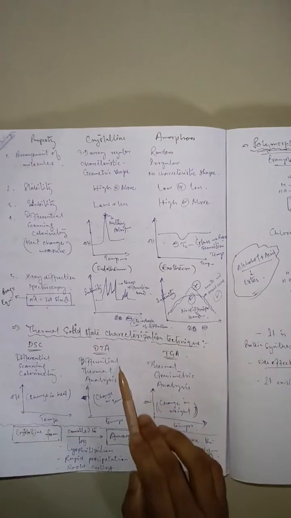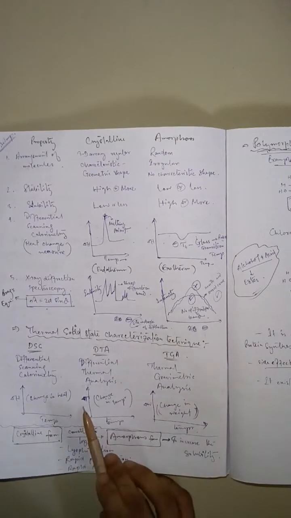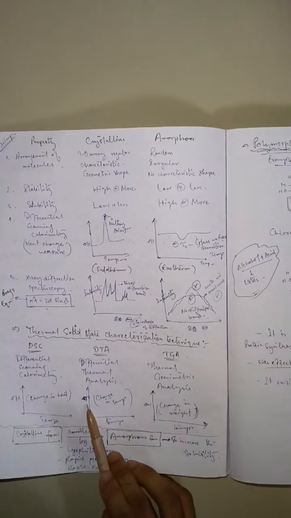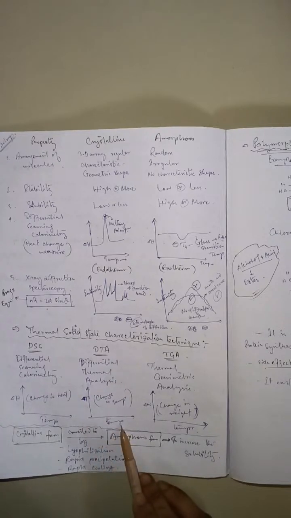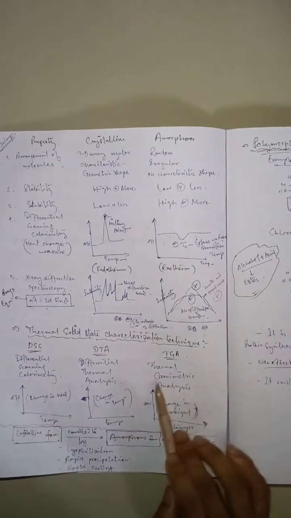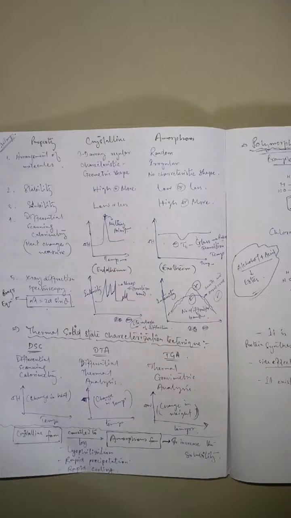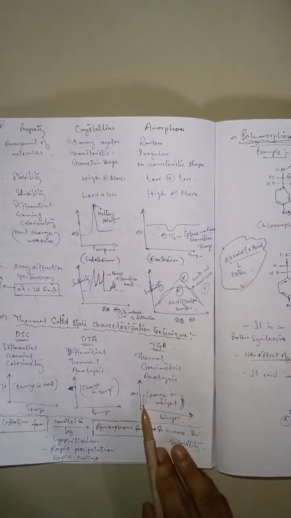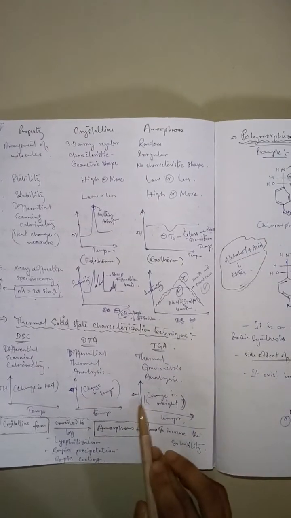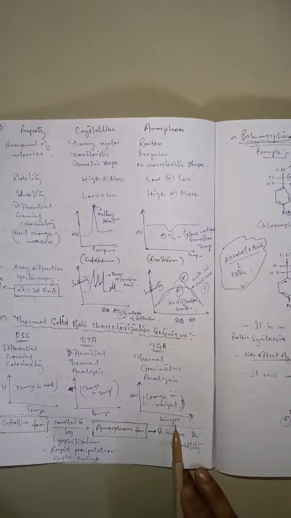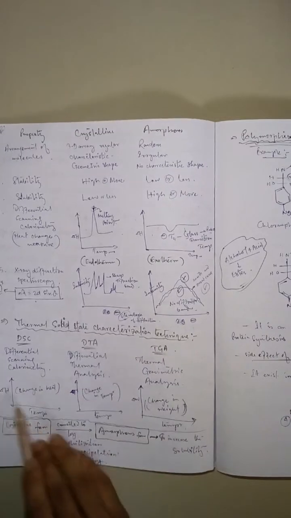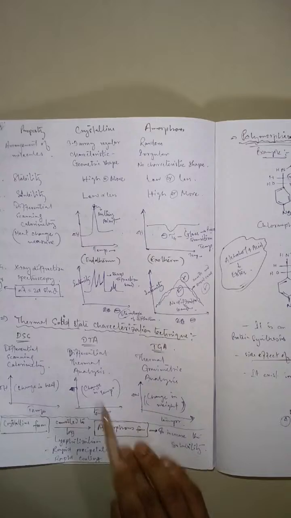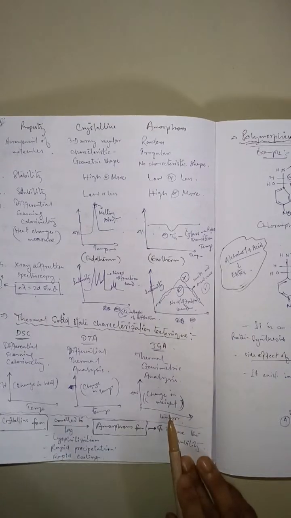In differential thermal analysis, the graph will be between change in temperature and temperature. And in thermal gravimetric analysis, the graph will be between change in weight and temperature. So here change in heat, here change in temperature, here change in weight.